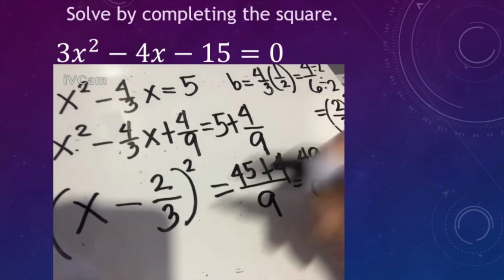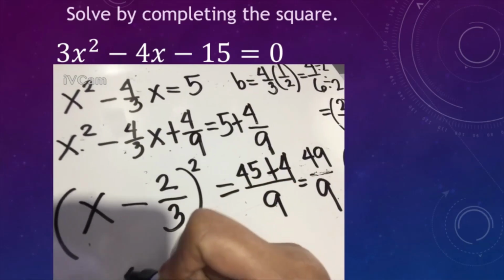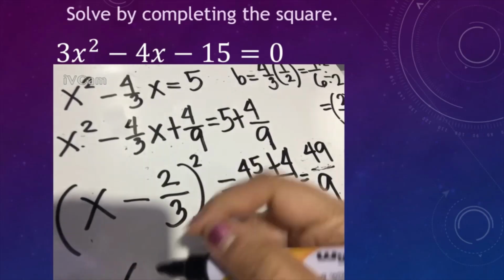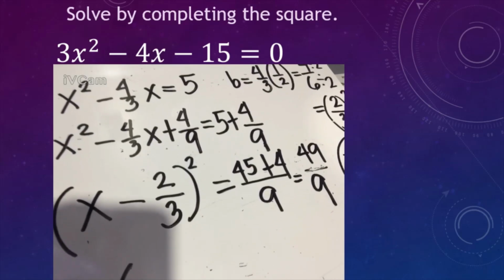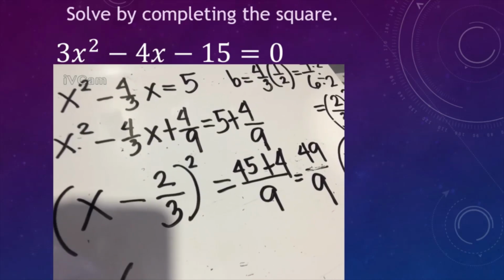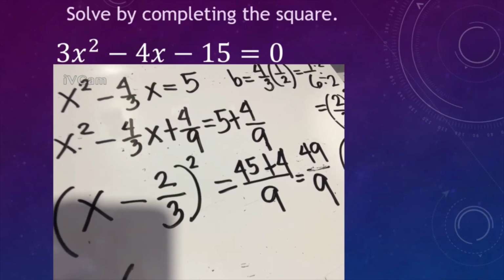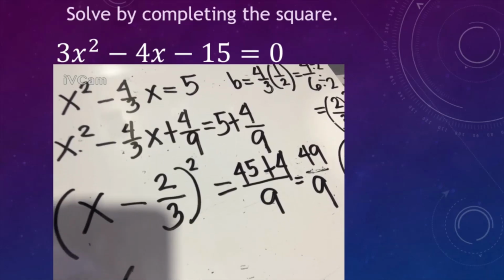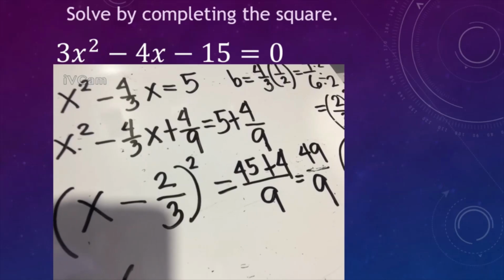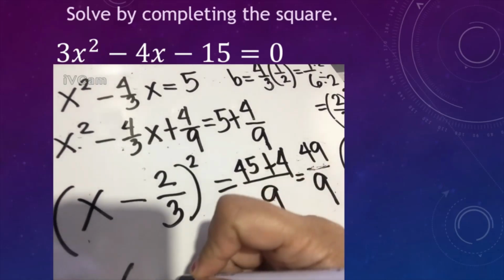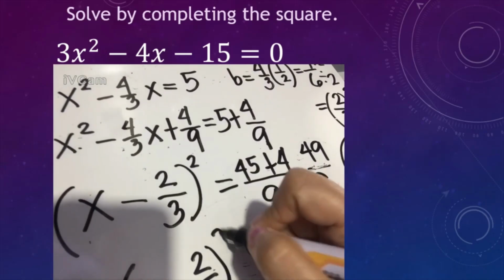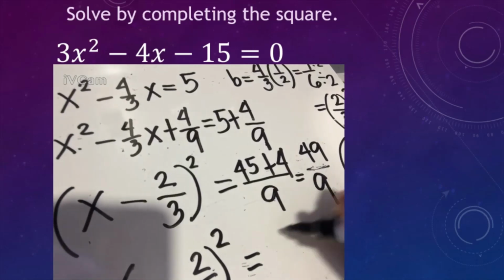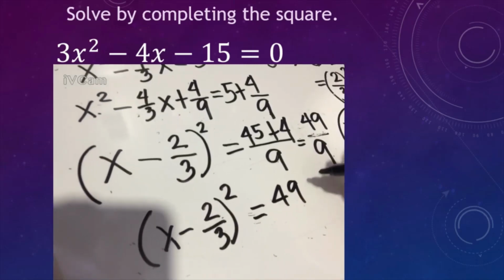This time we can now solve the resulting quadratic equation by extracting the square root. So we will square x minus 2 over 3 raised to the power of 2 is equal to 49 over 9.